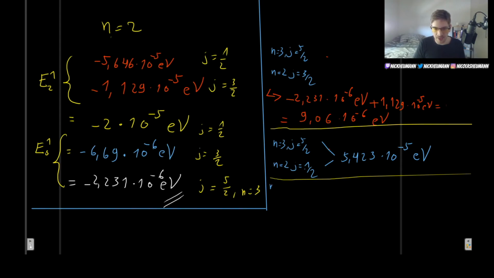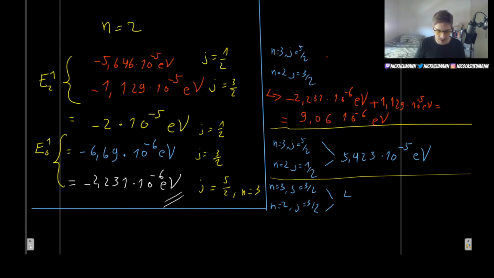So now we will have n equals 3, j equals 3/2, and n equals 2, j equals 3/2. So what do we have in this case? So what is n equal 3, j equal 3/2? It's going to be this value right here. So minus 6.69 exponent minus 6 plus 1.129 exponent minus 5.